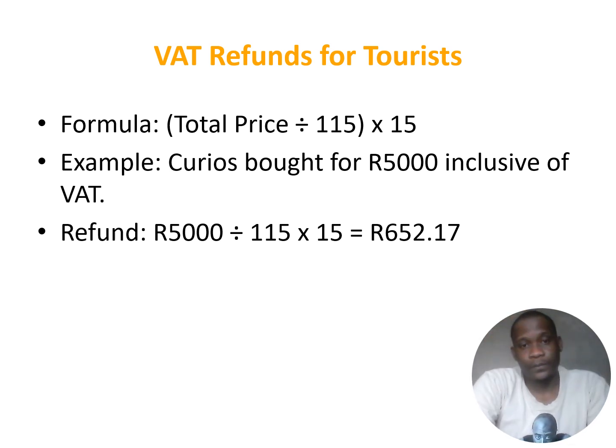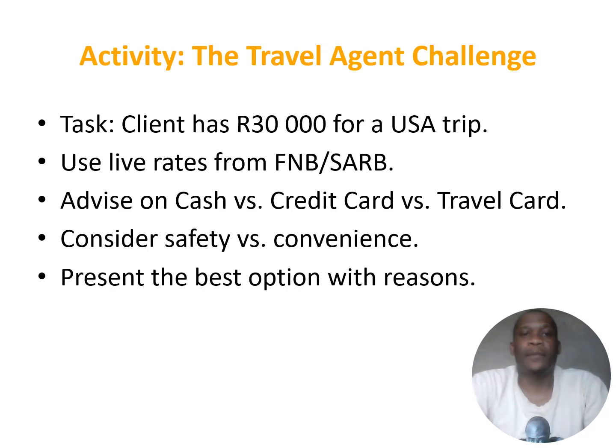So heading on to slide number 8. Since we've briefly explained what is happening when we are exchanging currencies, and what the banks use, now we have an activity. The activity topic is the travel agent challenge.